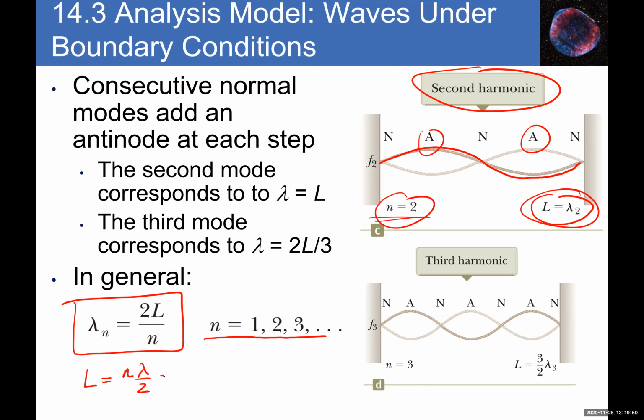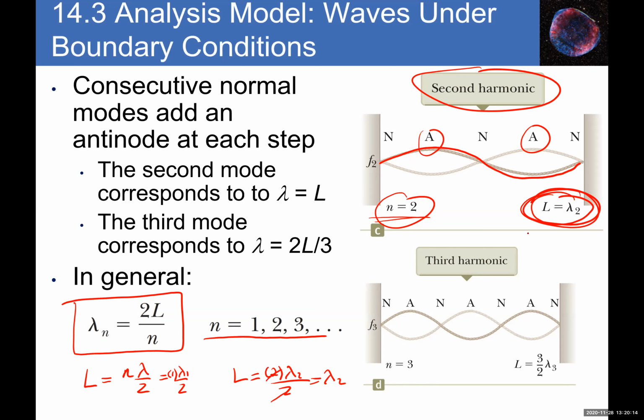That's why, when the mode number n was 1, it was lambda over 2, so this is for lambda 1. When n equals 2, then 2 times lambda 2 over 2 cancels out, so you get lambda 2. And that's exactly what we have here, and so on and so forth.